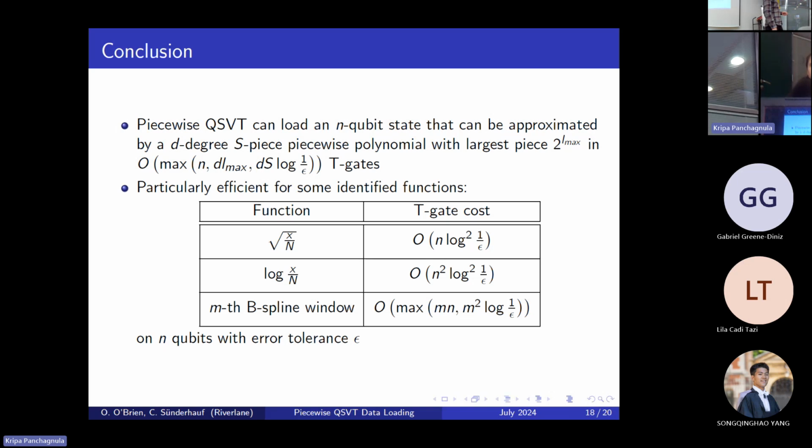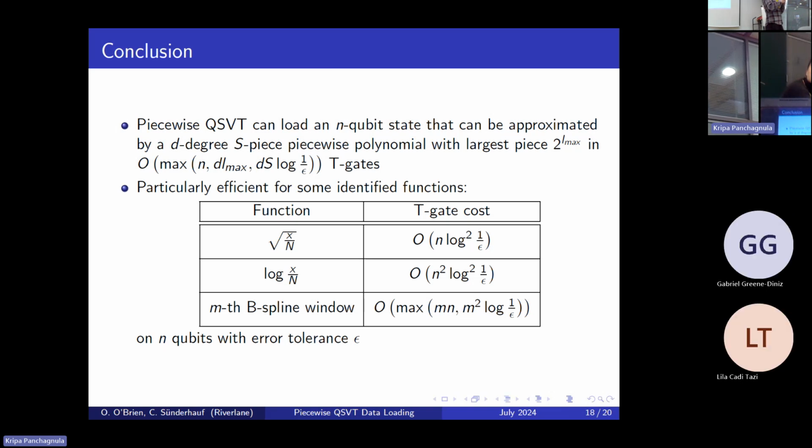But the number of times you need to do that is to do with the normalization of this polynomial, like how much I need to renormalize it by to fit it into my block encoding. And that scales badly if my polynomial is further away from a flat distribution, the worse it gets. So if I have a delta function, that's the worst it gets. Then I have an amplitude amplification cost of square root.